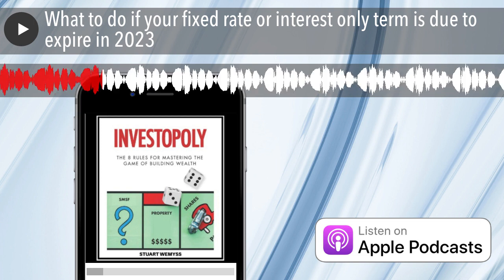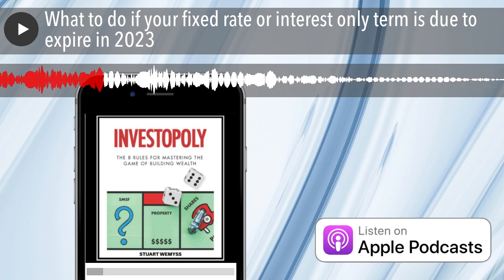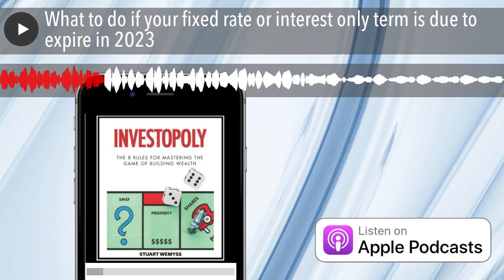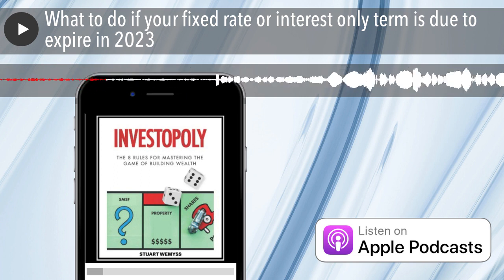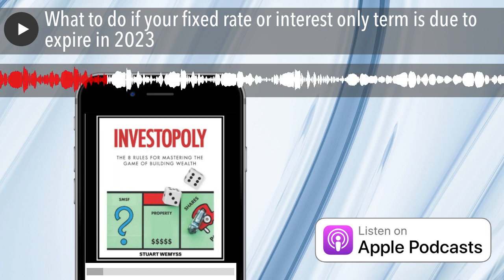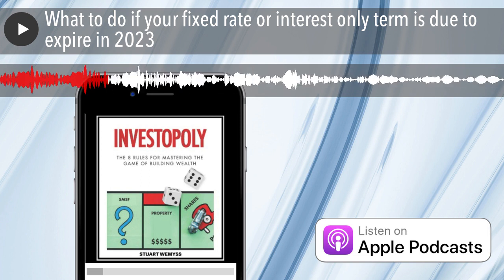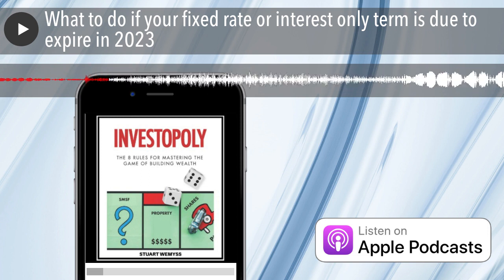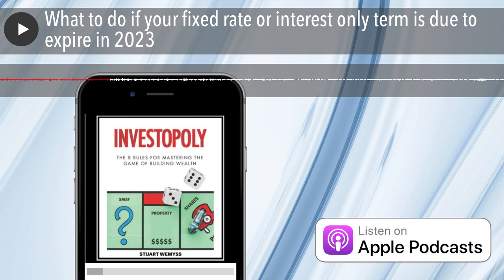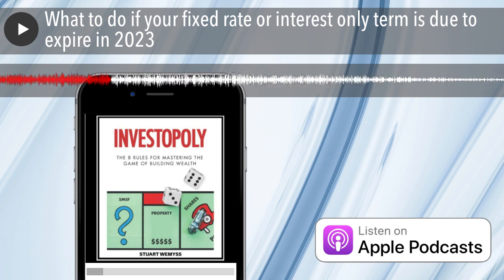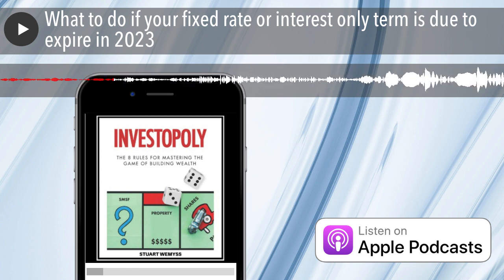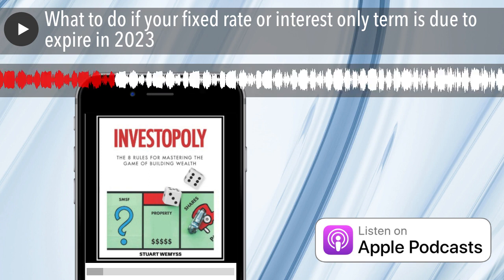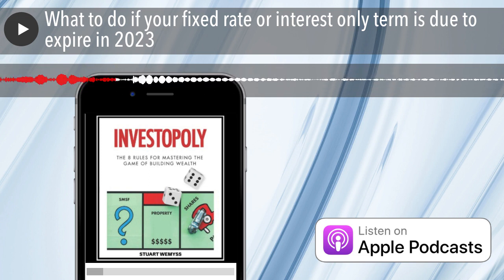Until that happens, we typically recommend clients just switch over to a variable interest rate, probably hang there for a while, and let's see what happens over the next year or two with respect to fixed rates. They might start to become more attractive, particularly if the market starts really aggressively pricing in interest rate reductions. I'm not suggesting that will happen, but it could happen, and if it does, obviously fixed rates might become more attractive then. Okay, so there are your options for a fixed rate expiry.